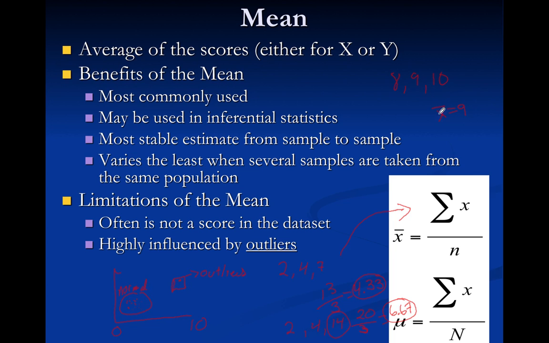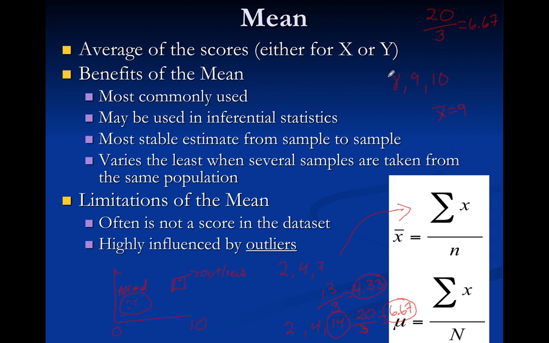But now replace the value of an 8 with a value of a 1. So 1, 9, and 10 gives me now 20 divided by 3, and we already know what 20 divided by 3 is because we did it earlier: 6.67. So now look at that.